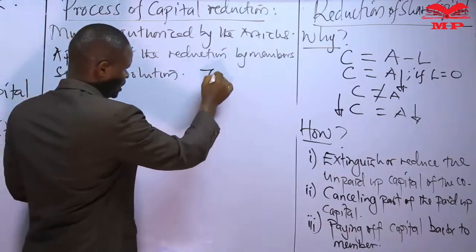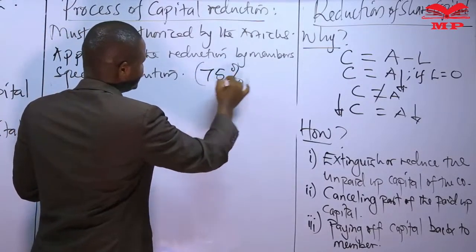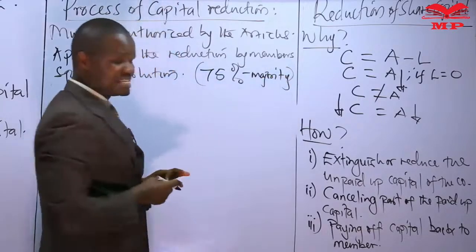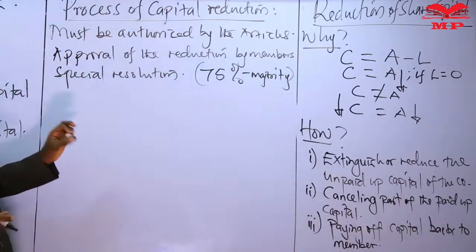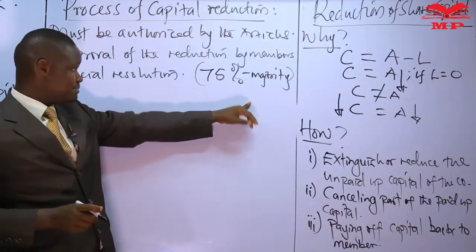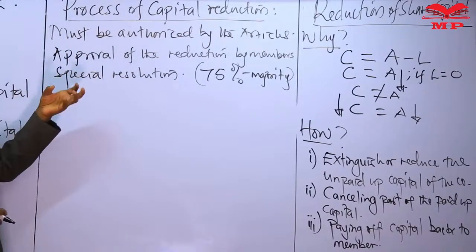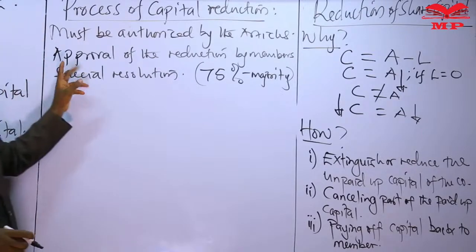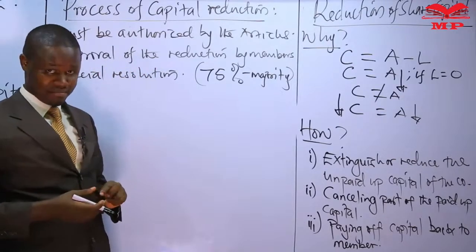Special resolutions will always be supported by a 75% majority vote of all those members present and entitled to vote. If we get this threshold of support at the members' meeting, then the resolution is rightfully passed and the reduction of capital is successfully approved by the members.